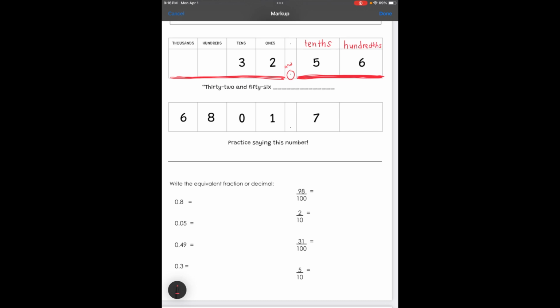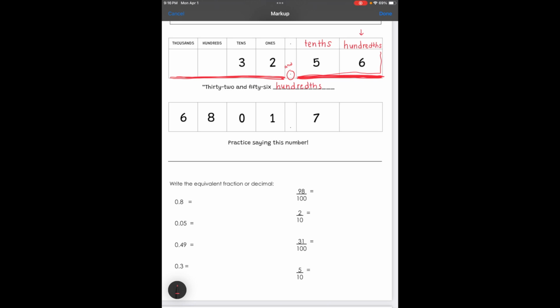The only difference is this time we do need to add a label to our decimal. So whatever place value the number ends in, that is the label. So in this case, the 6 ends in the hundredths place. So we would say 56 hundredths. So go ahead and on this line in word form, and then say it again, 32 and 56 hundredths.